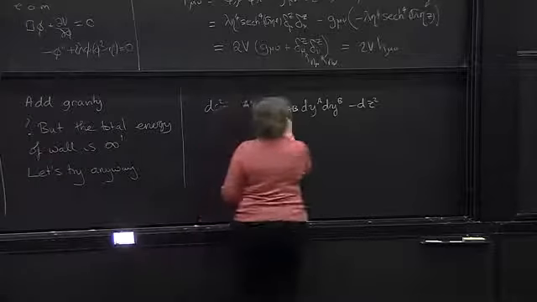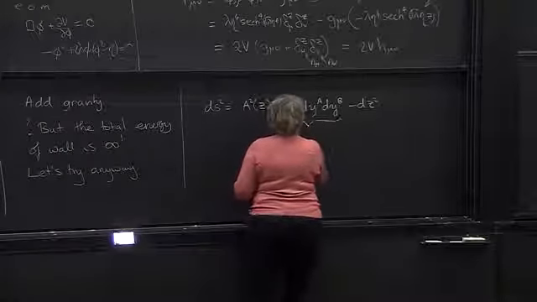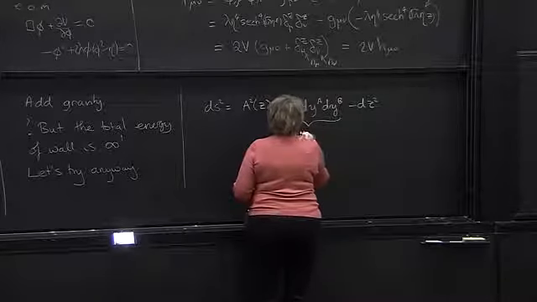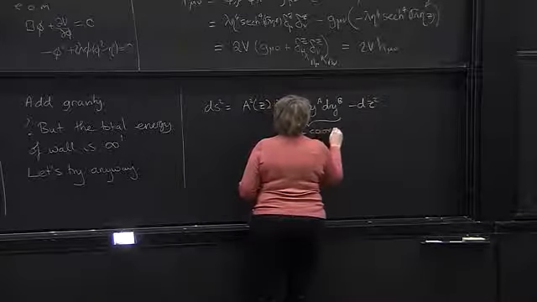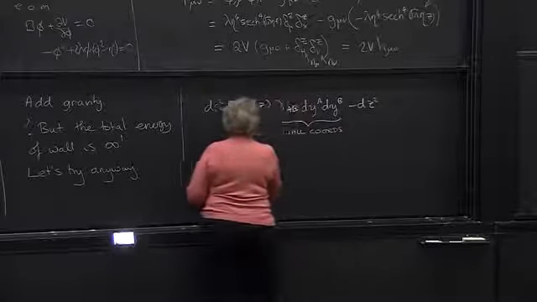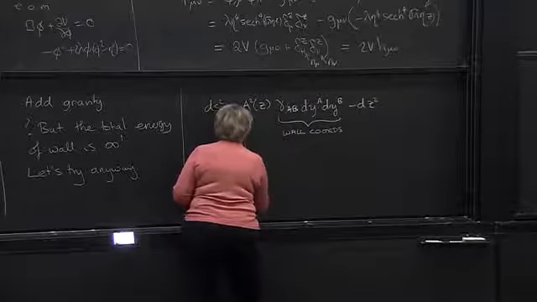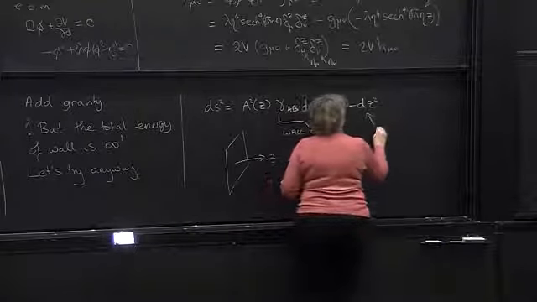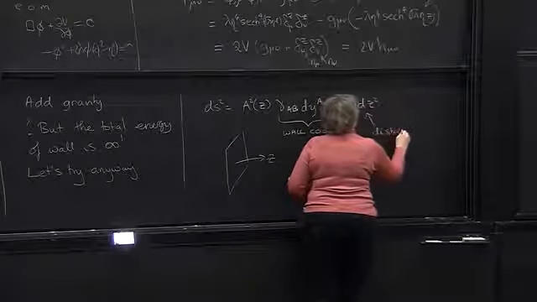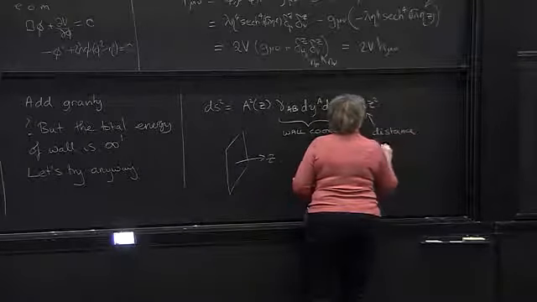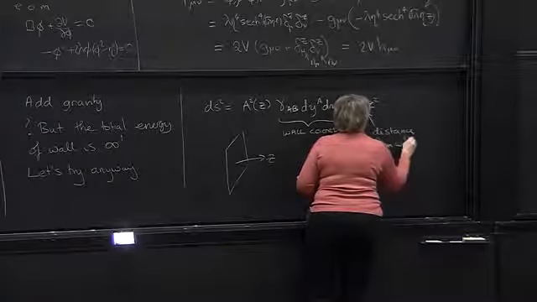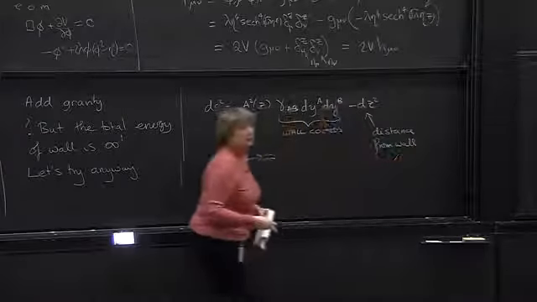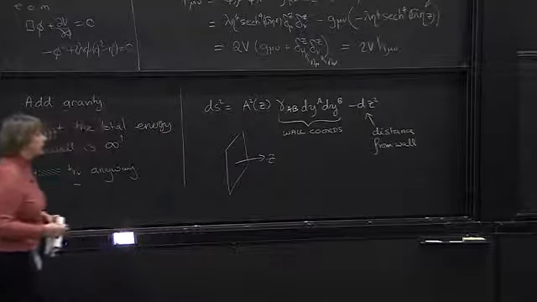So here, this is representing the wall coordinates. So here's my wall. Z is the distance from the wall. So I know I can set up coordinates like this.